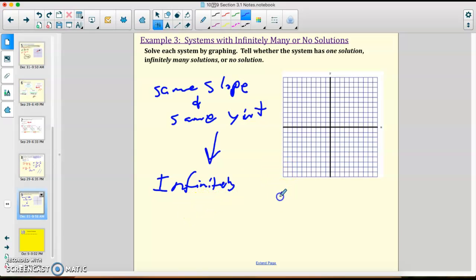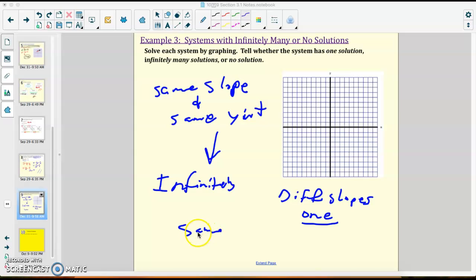Okay, if they have different slopes, that's good. That means that we have one solution. If they have the same slope, then you know that they are parallel, and so then there's no solution.